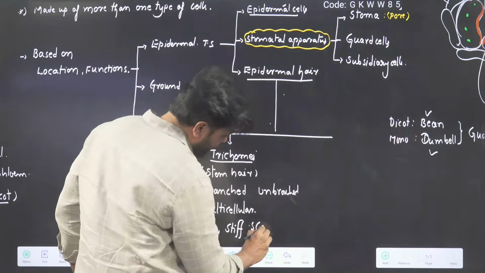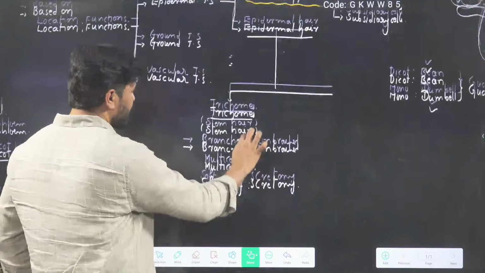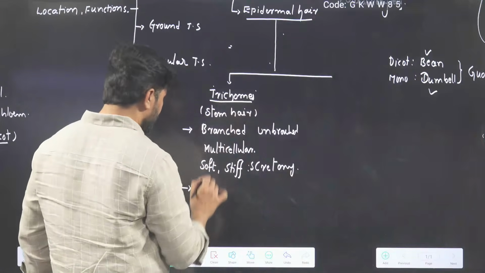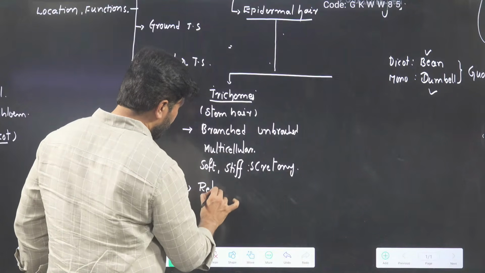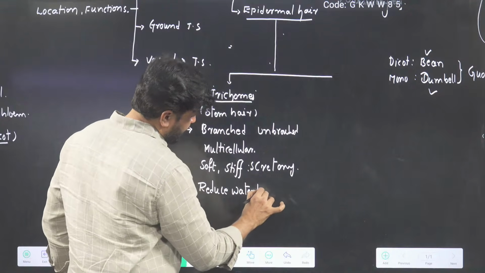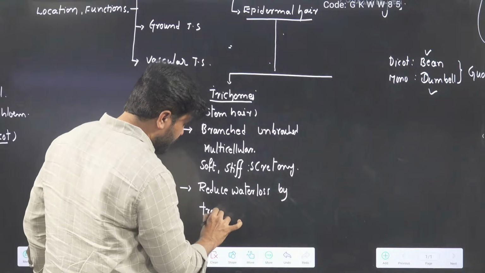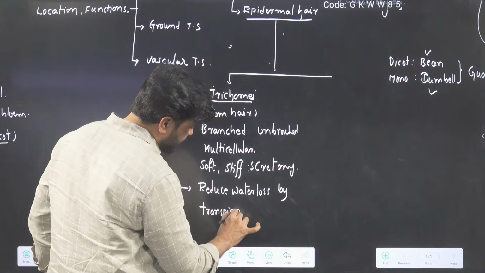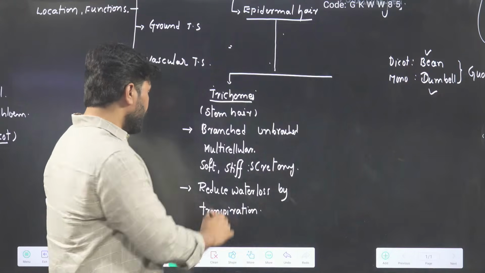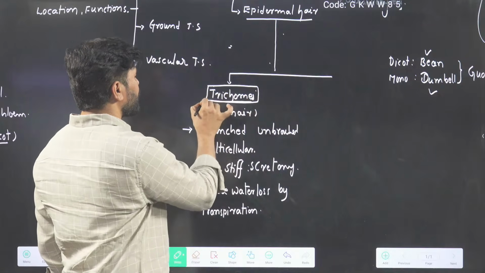That means they are able to secrete a variety of substances like scents and gums, etc. And the main intention of trichomes developing is to reduce water loss by transpiration. If a plant performs excessive transpiration, it can wilt and eventually die. In order to avoid that problem, they have something called trichomes.